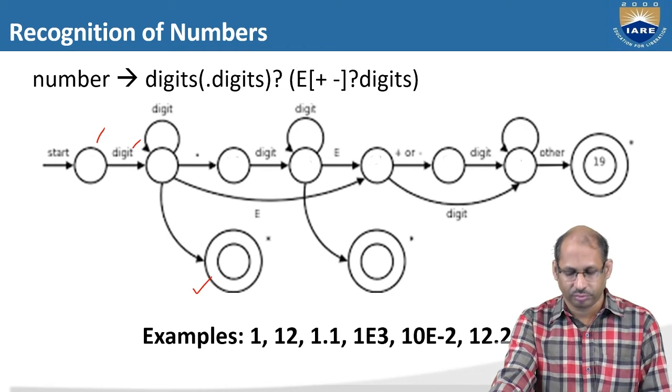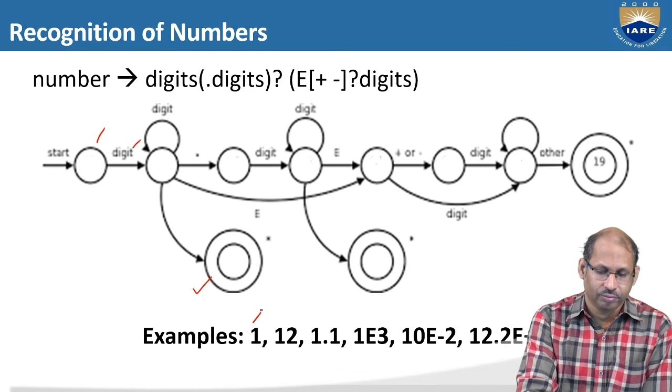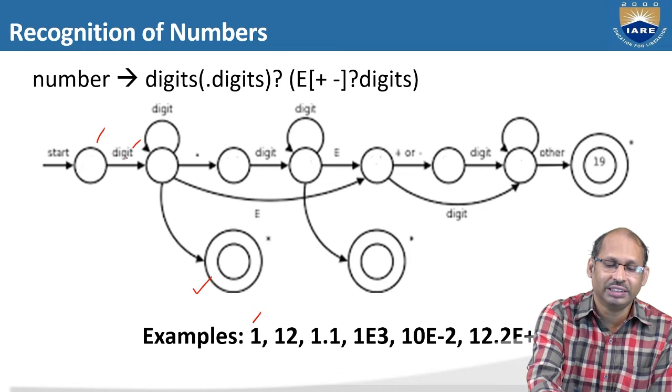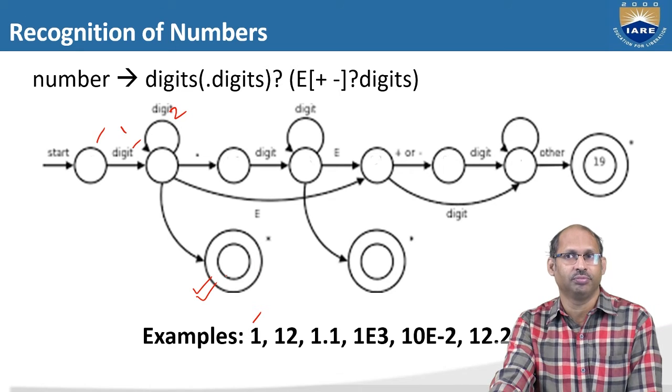Then simply 1. If 1 is followed by 2, it may repeat. If it is followed by any other delimiter, then it goes to the final state and prints that it is a number.